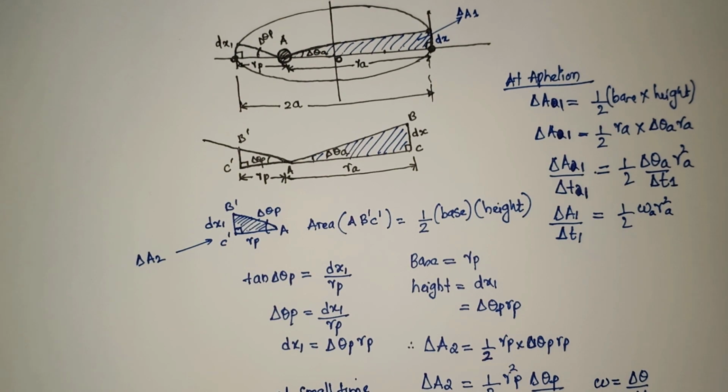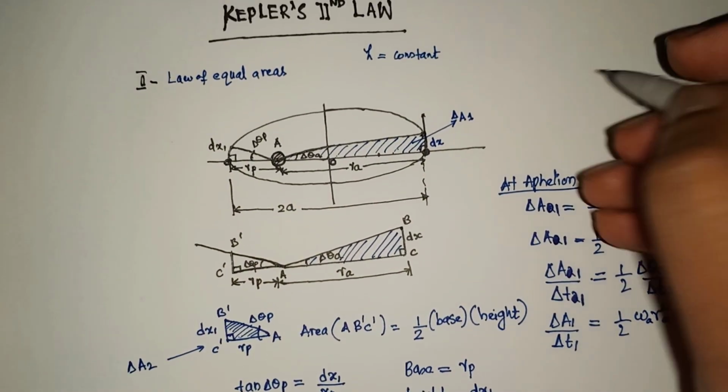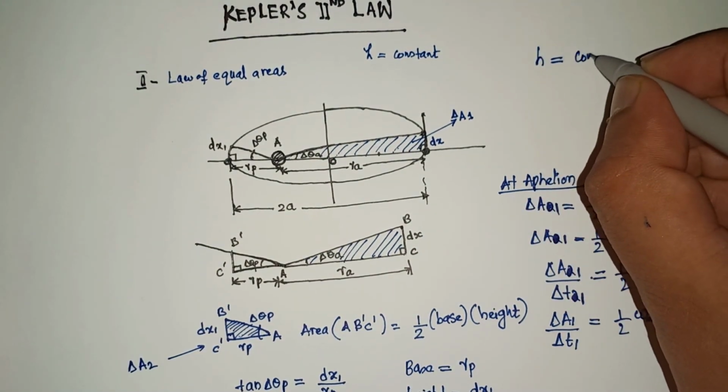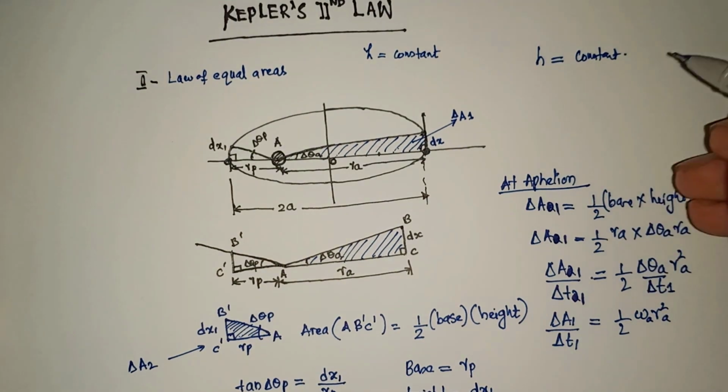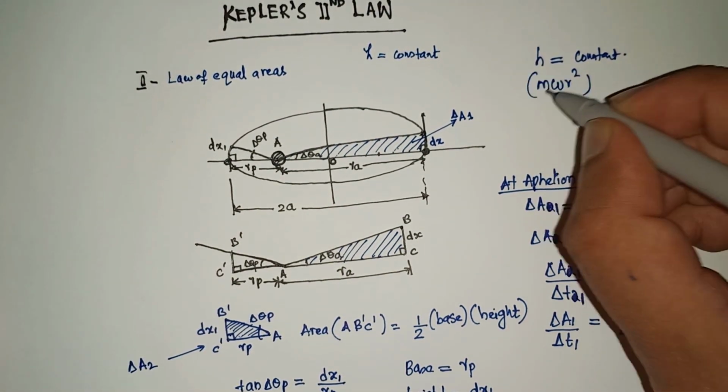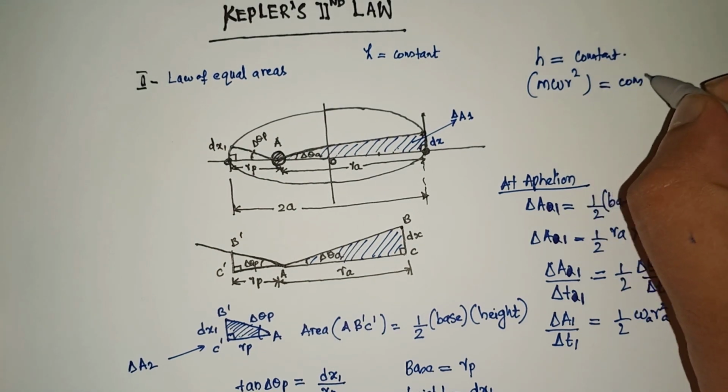Hope this is clear. Now if you see the conservation of angular momentum, we have h is equal to a constant term, which I have already proved in a previous video. So that means your m into omega r square at any position is going to be a constant.